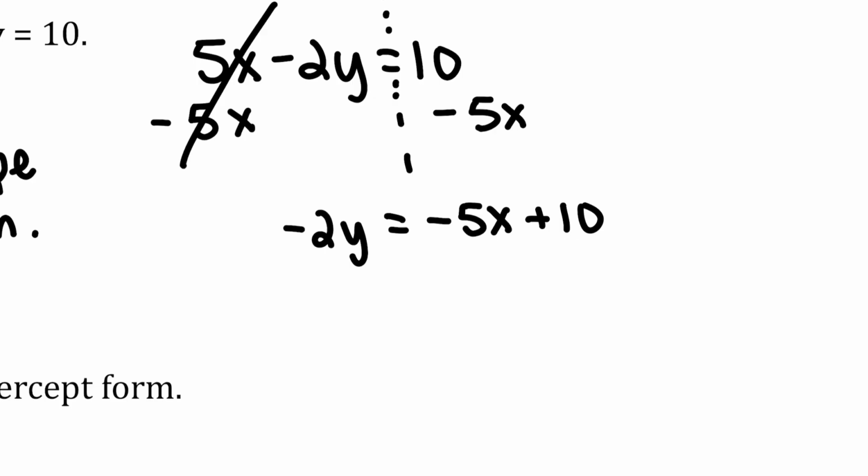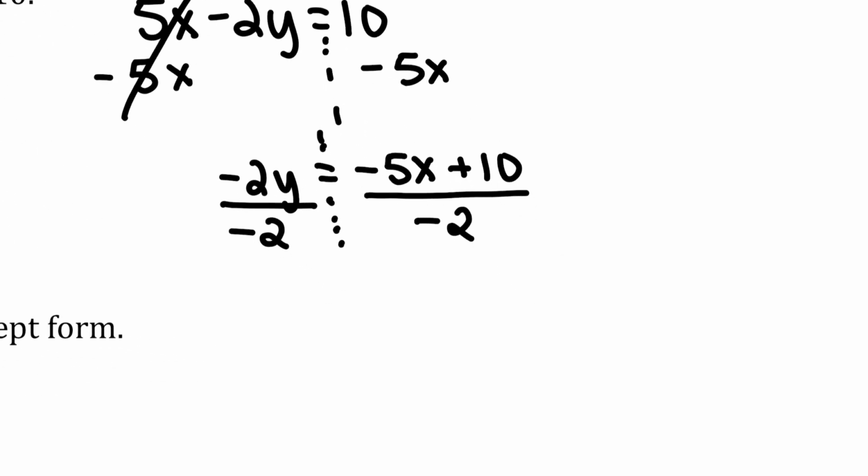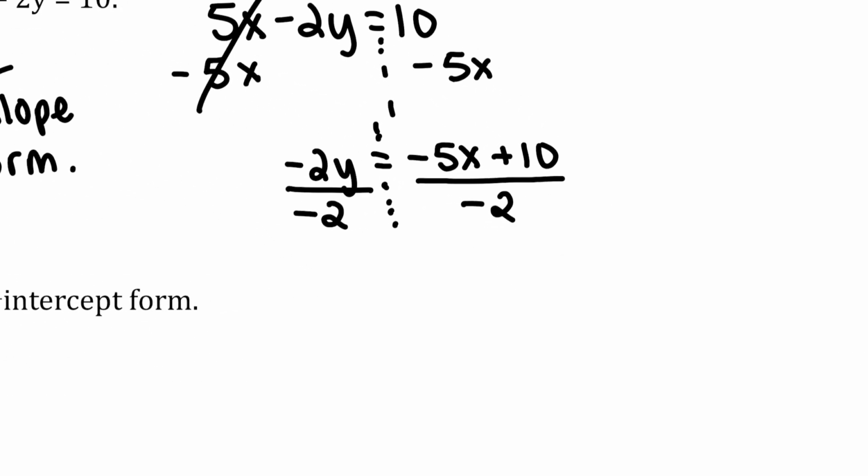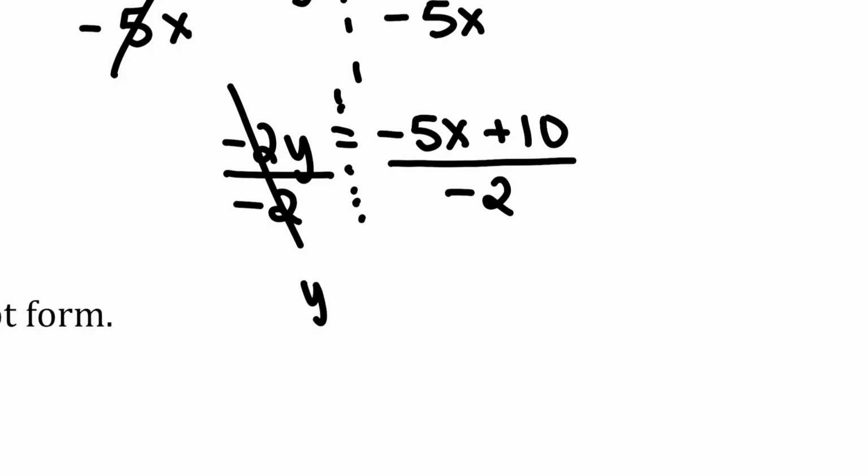Our next step, y is still not by itself. We have a negative 2 next to it. And it's multiplication, right? We don't see any addition sign or subtraction sign in between that 2 and the y. So we're going to divide both sides of our equal sign by negative 2, every single term. So both that negative 5x and that positive 10. So we are going to get y equals negative 5x divided by negative 2 is 5 over 2x.